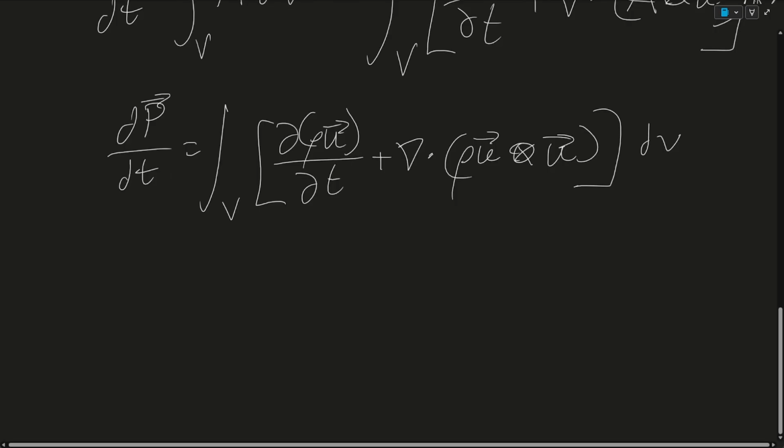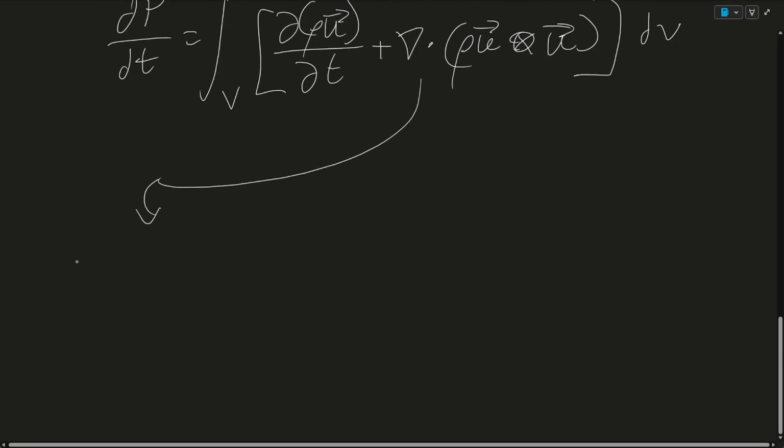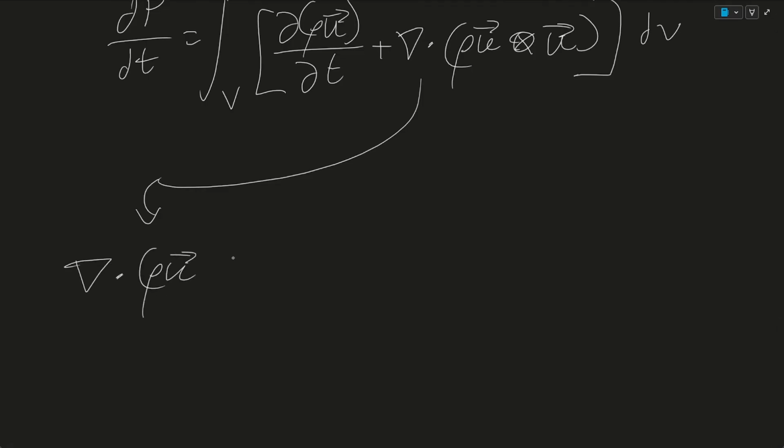And now what we want to do is expand this divergence term specifically. So I'm going to take that part out. And we can say that nabla dot rho u cross u.